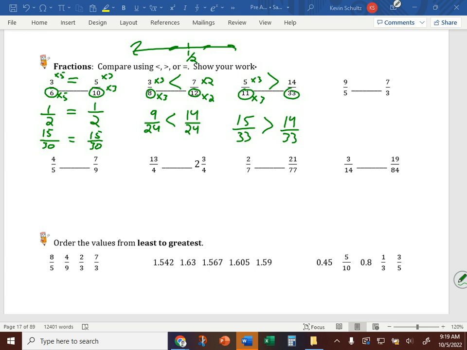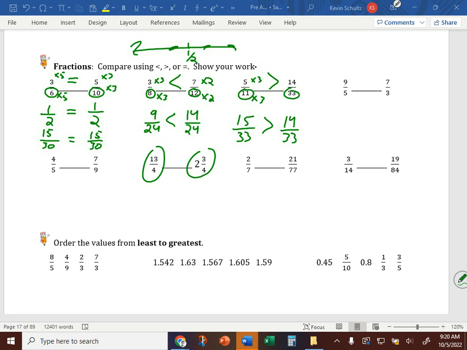So that is fractions, okay? Common denominators works great. Comparing to 1/2 or 0 or 1 whole works great as well. And so looking at the rest of these, this is for homework. This one's a mixed number. This is an improper fraction. Remember I said earlier, write your values to be the same thing. Convert 13/4 to a mixed number. Convert 2 3/4 to an improper fraction.